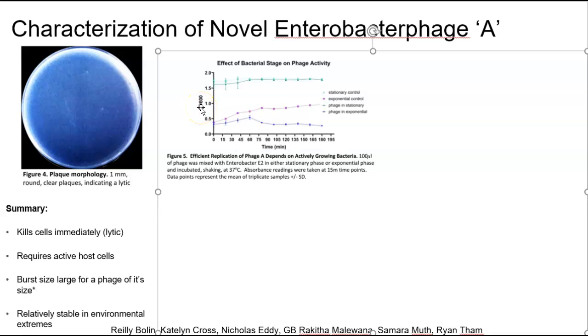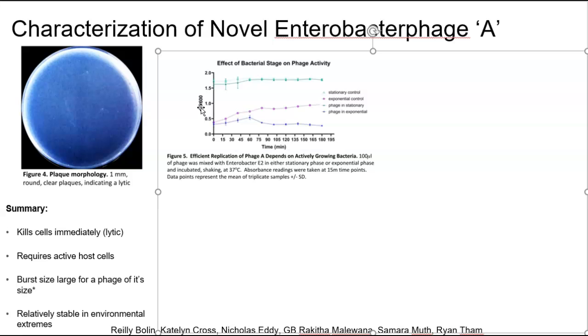The more light that gets through, the less stuff there is in that tube to bounce the light around. So if the tube is full of bacteria, then the laser gets bounced around with all the bacteria and less light gets through to the other side. There's a detector. If there's no bacteria in the tube, then all the light gets through. And we can use this to measure how effective the virus is at killing the bacteria.